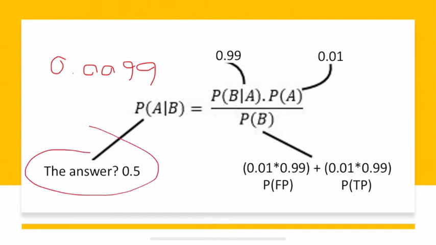And our true positive probability is 0.01 times 0.99, okay?